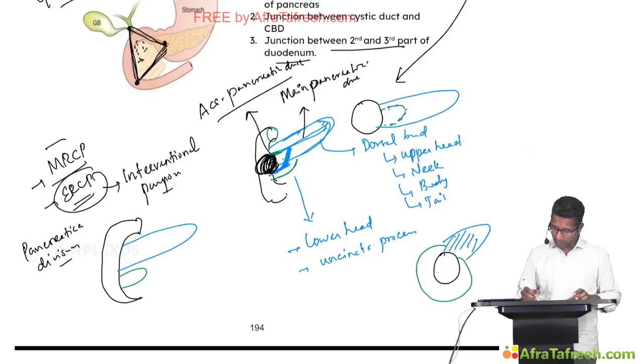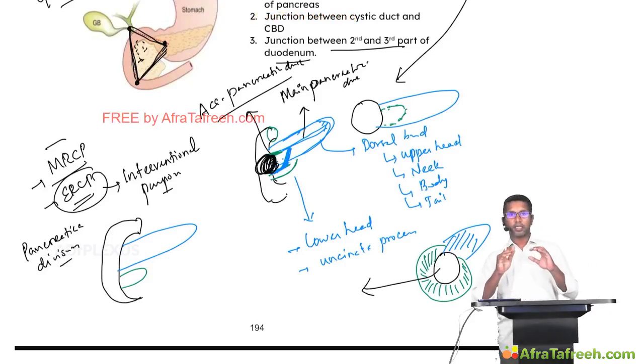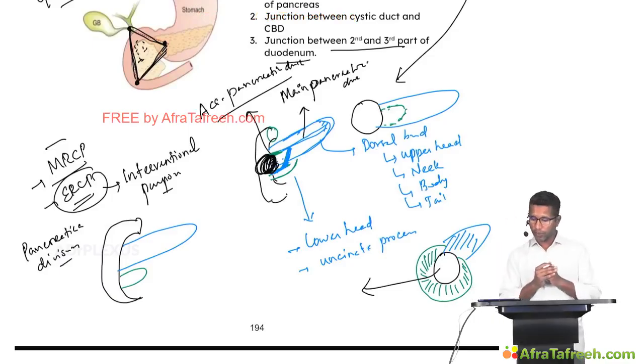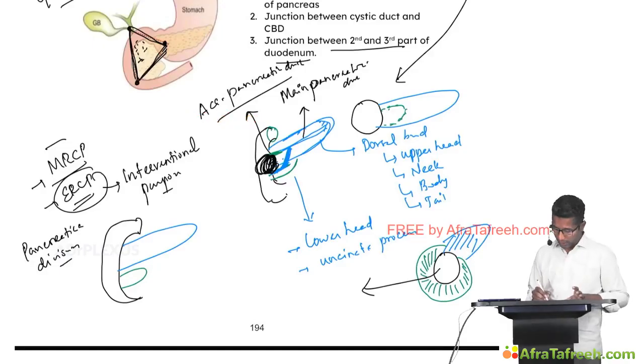Whenever the pancreatic tissue is completely engulfing the duodenum, we call this condition, can anybody tell me? Yes, very good Mukundan. It is annular pancreas.